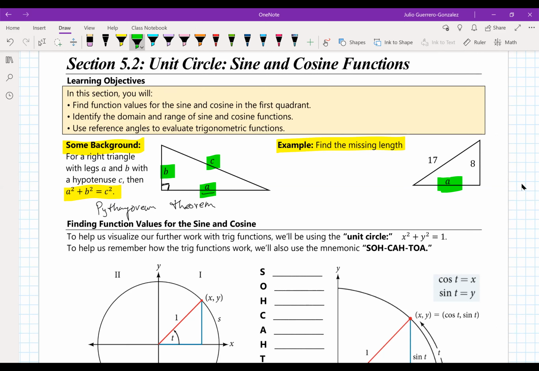So we want to find that side A. How would I find that? It would be the square root of 17 squared minus 8 squared. Right, so how about I do it from the very get-go?